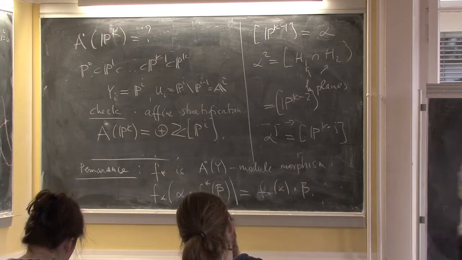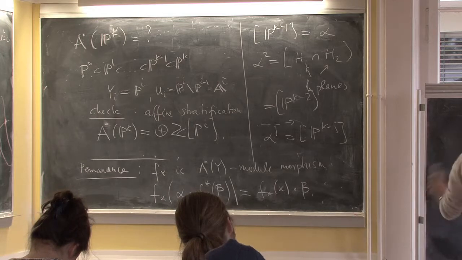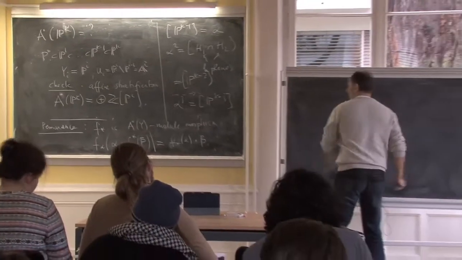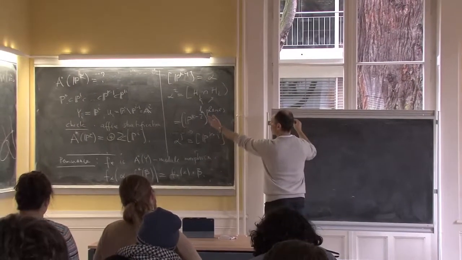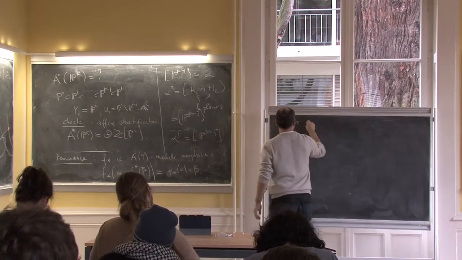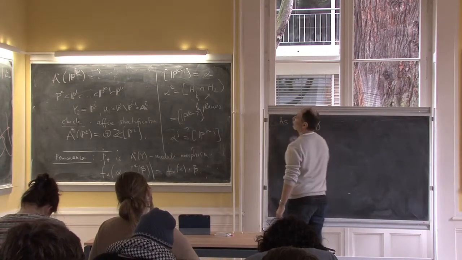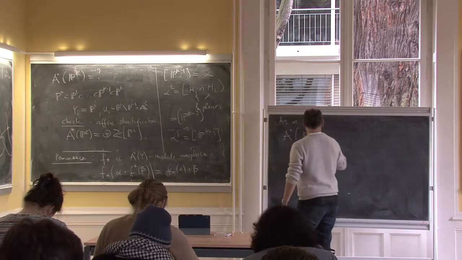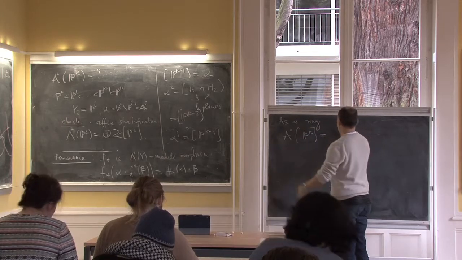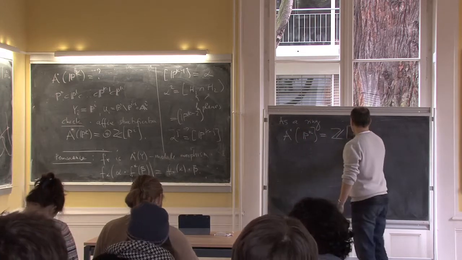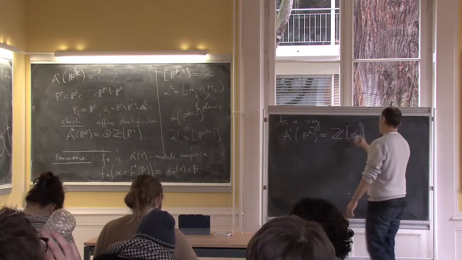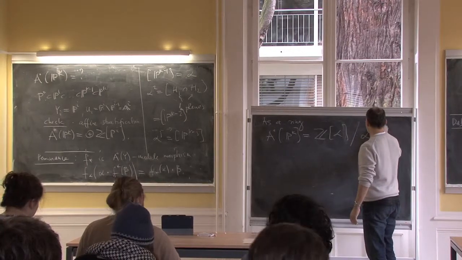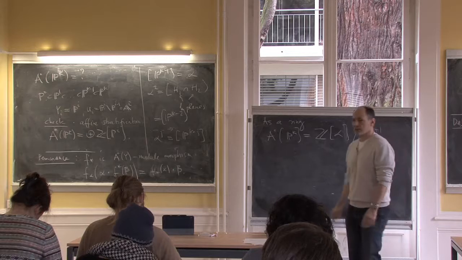And so this means that we have the identification as a ring: A(P^k) is just equal to the free polynomial ring generated by alpha, divided by alpha to the k plus 1.